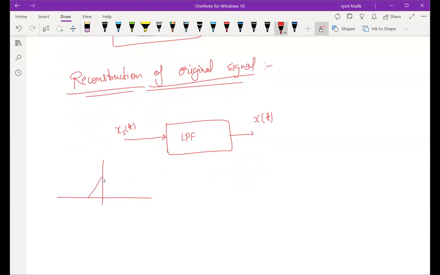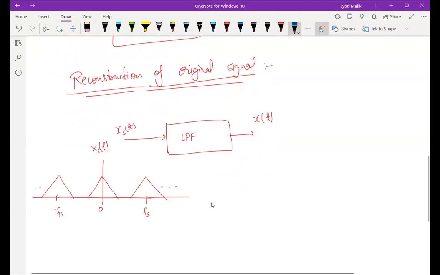If the spectrum is like this, this is your Fs, 0, minus Fs, and it continues. This is the spectrum of the input signal, Xs of F. Now the low pass filter will also have its own spectrum.